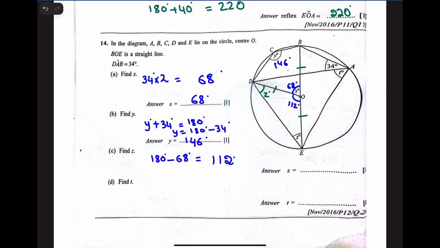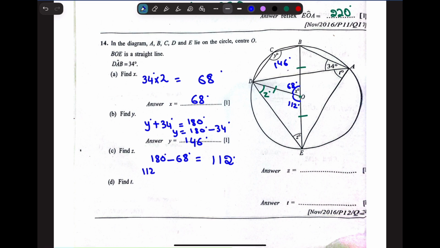So 112 plus 2z should be equal to 180. So 2z is equal to 180 minus 112, which gives us 68. So z is going to be 34 degrees. So this is 34 and this is 34.